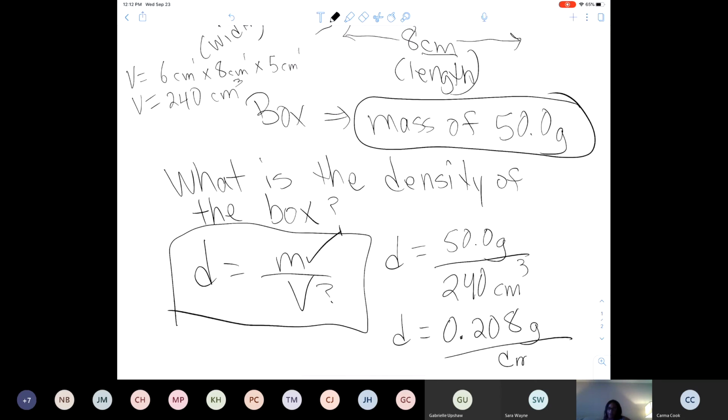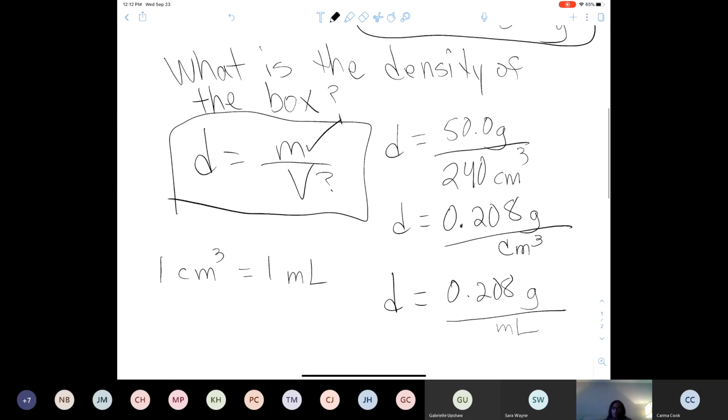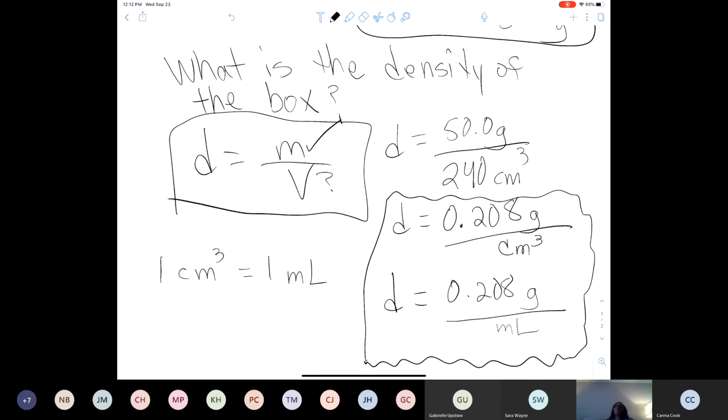The density is grams per cubic centimeter. 1 cubic centimeter is the same thing as 1 milliliter, so we could say our density is 0.208 grams per milliliter. A milliliter and a cubic centimeter are the same thing. If you're in the medical field, giving an injection, you usually measure out how many cc's you're going to give the patient.